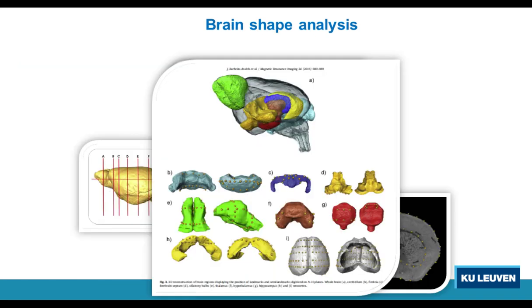And then there's even a step further. We can go to more detailed analysis of the brain, and that is morphometric analysis. Just to give you an idea, different dots, different landmarks are placed at specific anatomical locations.